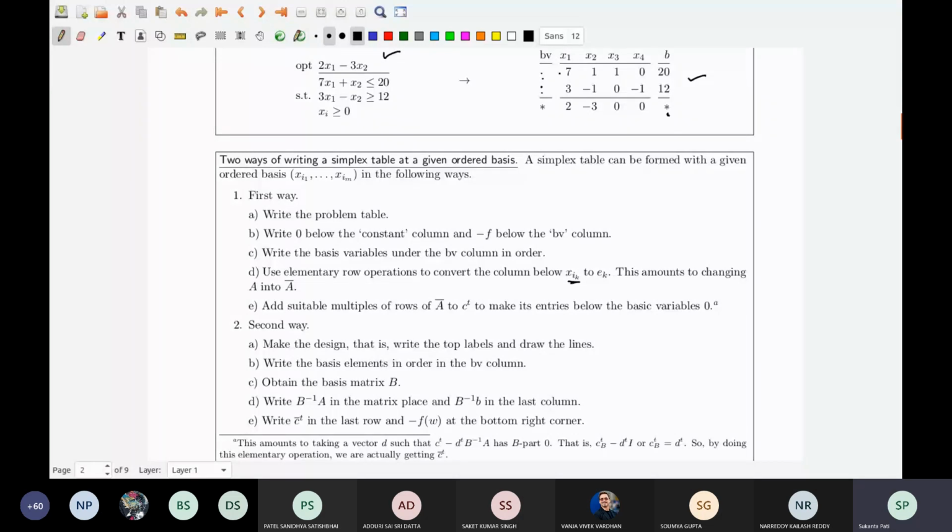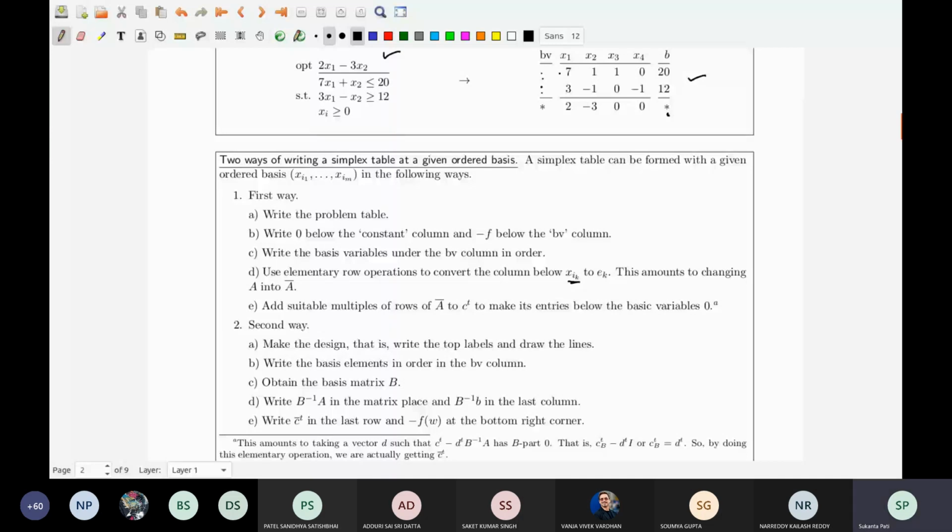The column below the second basic variable should get converted to E2. And similarly, by the end of it, you must have converted it into B inverse A due to 10.1, because if these columns have been converted to E1, E2, E3, then you must have multiplied the matrix by B inverse. That is what you have observed in 10.1.